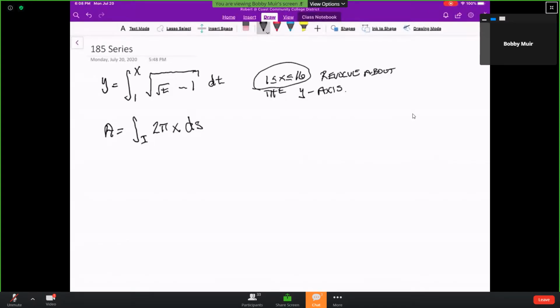So we're going to do a dx integral. So now it's going to be the integral from 1 to 16 of 2 pi x, and then the square root of 1 plus (dy/dx) squared dx.